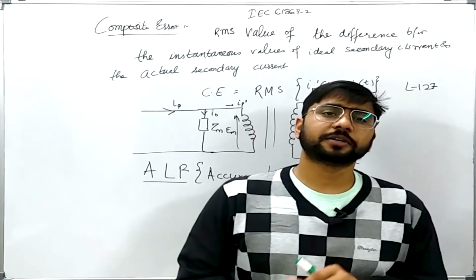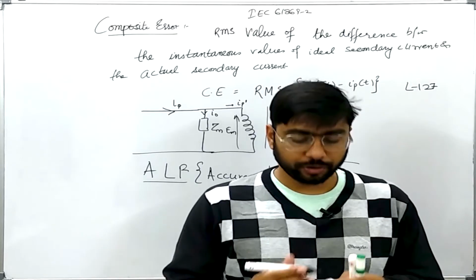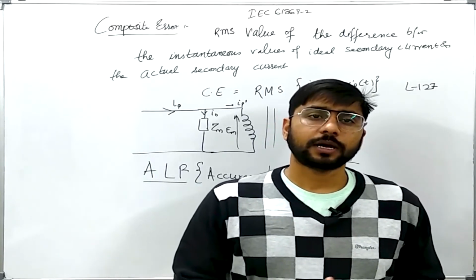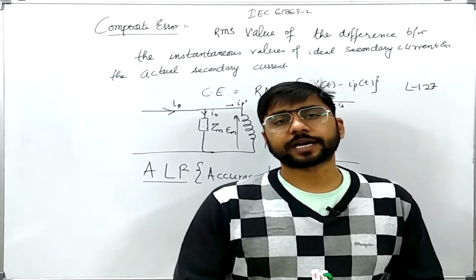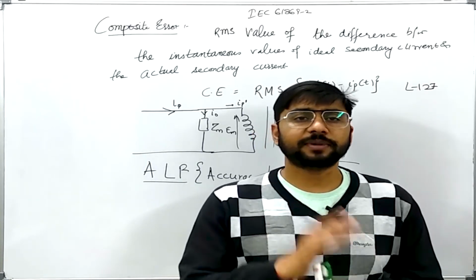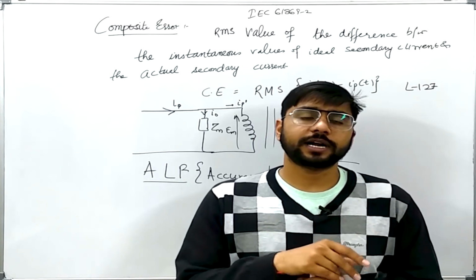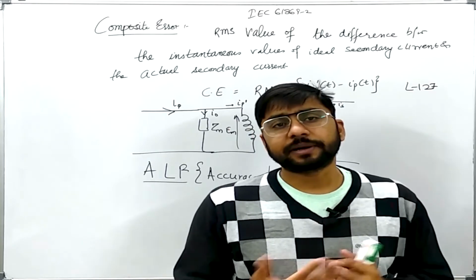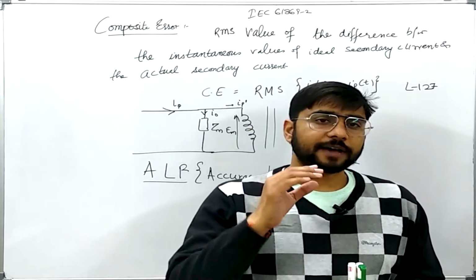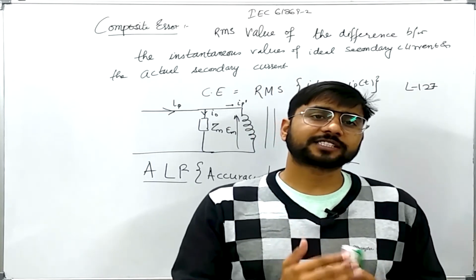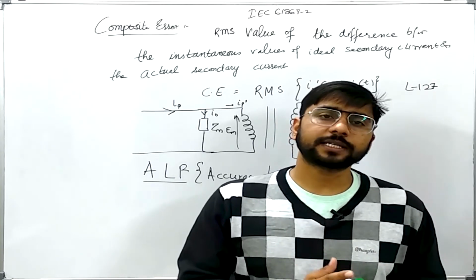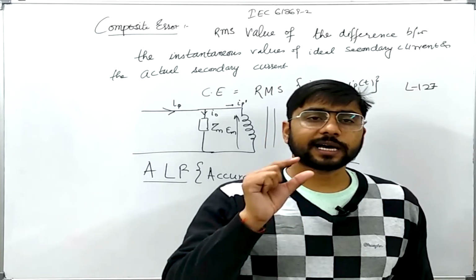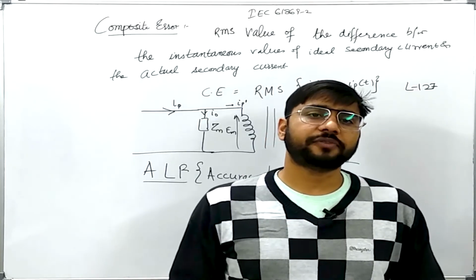Practically, it is not possible to design a CT which is going to give you 100% guaranteed results at all the values of the primary or secondary currents. So there is some limit to the maximum possible guarantee. Okay. So there is a term called accuracy limiting current. It is the maximum value of that current up to which the current transformer is going to give the guaranteed error which is told by the manufacturer.